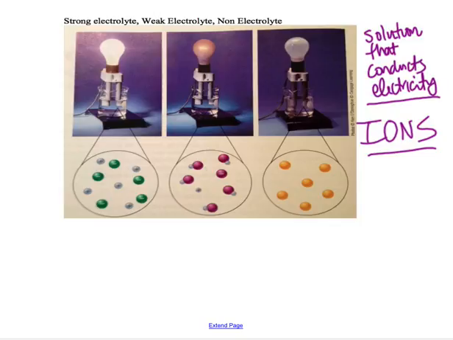So what kind of things conduct electricity? Give me some examples. On the last page, what were we solvating? NaCl. What is NaCl an example of? An ionic compound. And it's more specifically a soluble ionic compound.